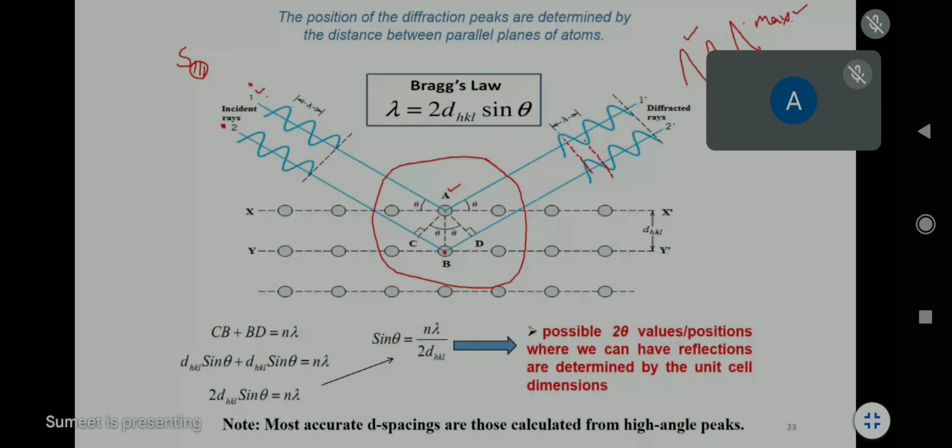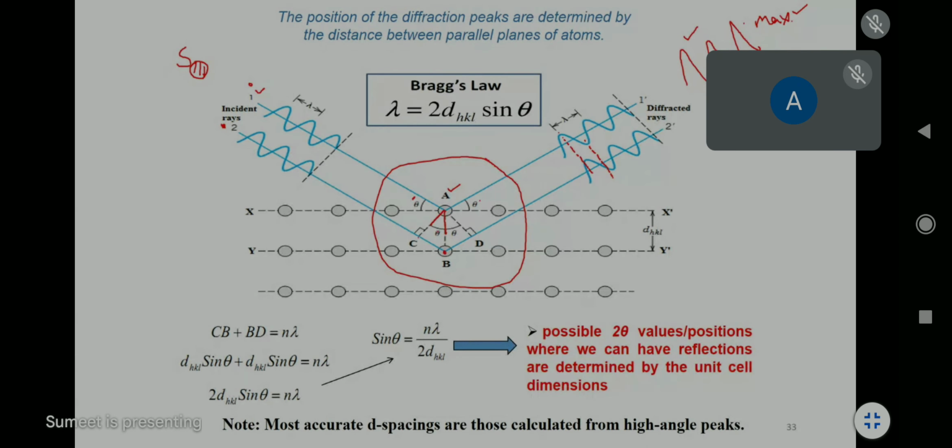When this incident X-ray strikes the material surface at an angle of theta, this is the incident angle, and similarly this is the reflected angle. If you see by geometry, then this angle will also be equal to theta. You can find out how it is equal to theta, and if you are not able to, I have shown it in the next slide also for your convenience.